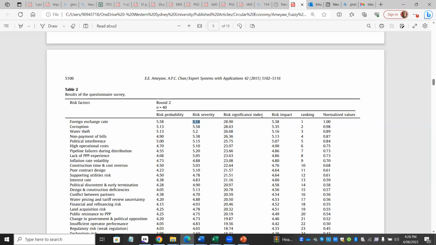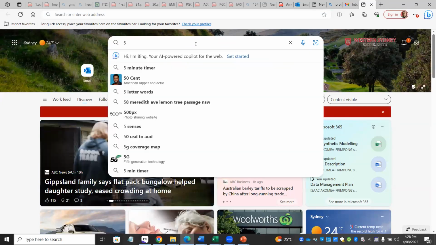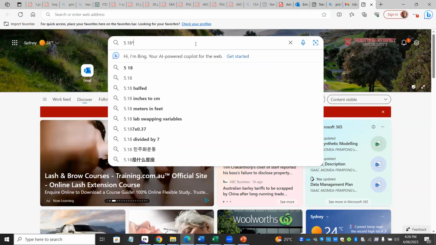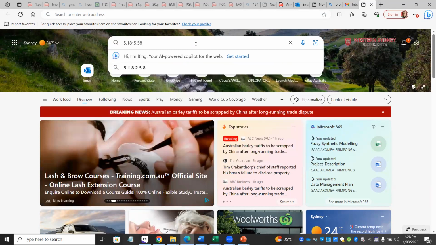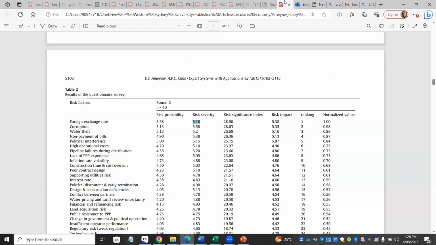Okay, so this times this will give you this. So 5.58 by 5.18, let's do it and see whether it is correct. 5.18 by 5.58. Okay, so we are getting 28.90. Let's check whether that's exactly what was given.